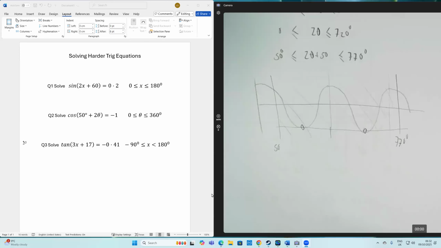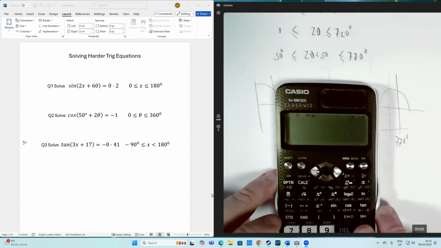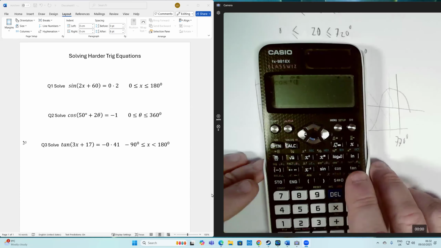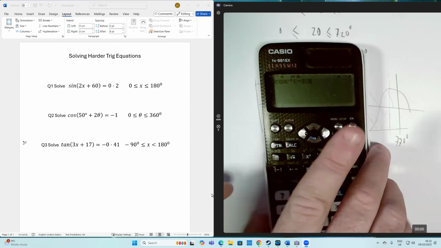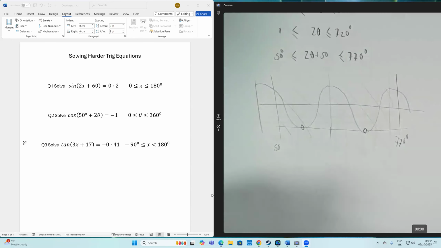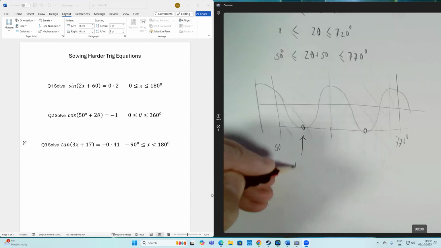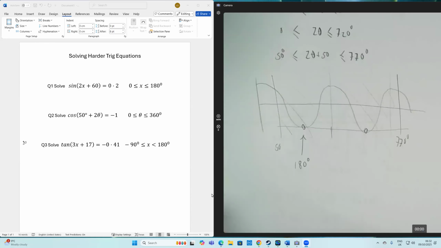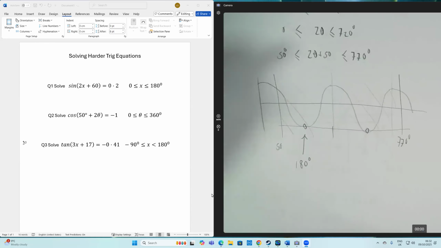So we're going to get our calculator and do inverse cos of -1. So we're going to do shift cos of -1, close bracket. So inverse cos of -1, and the calculator gives us this value here, which is 180. And then we can simply say that this solution here is going to be like 1 full wavelength on.